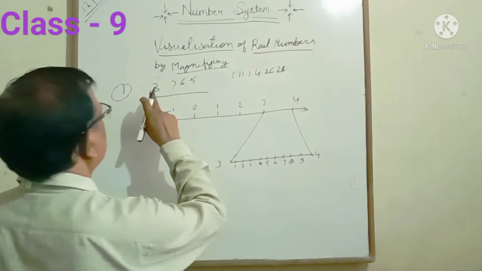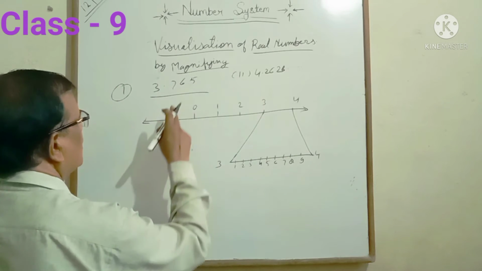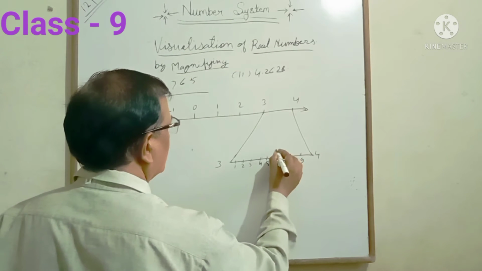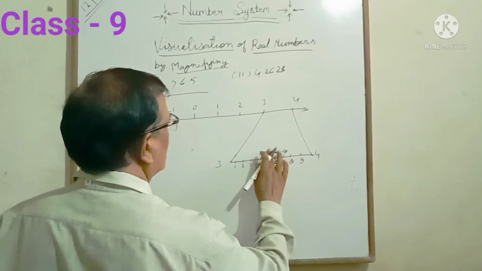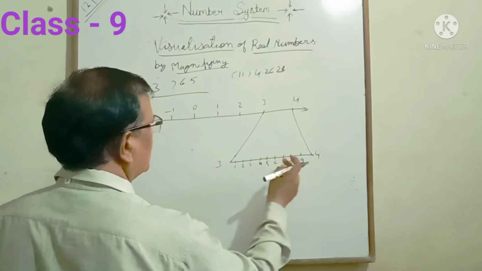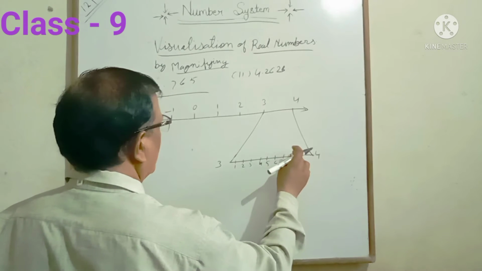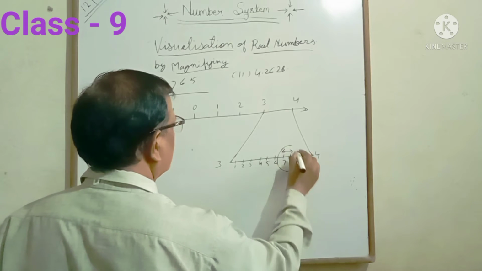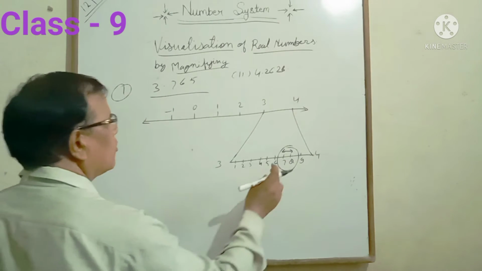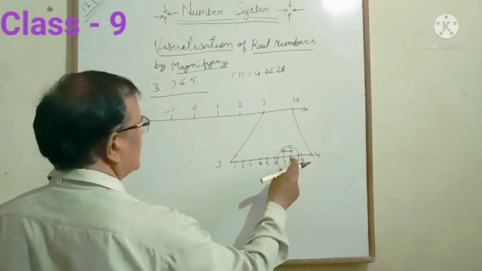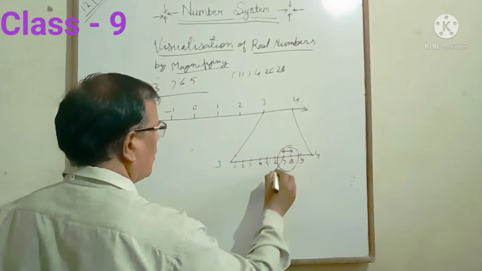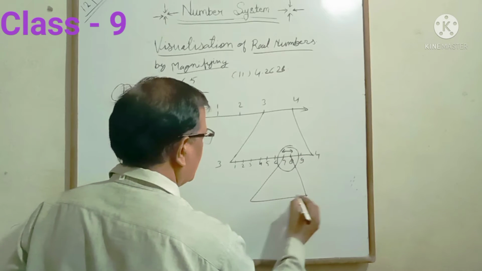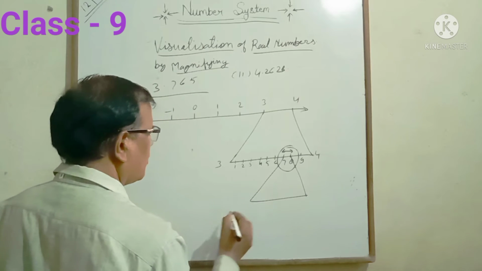Now we are saying its value is 3.7, then 6, then 0.6 is this one, and 7 is this one. Now its value lies between 7 and 8. Now we magnify this point 7. It is more than 7 but less than 8. We divide this also into 10 parts.